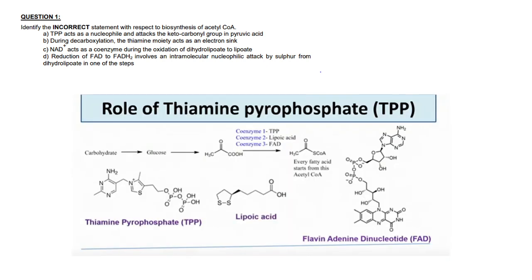Okay, let's see the biosynthesis of acetyl coenzyme A. From carbohydrate it gets converted to glucose, from glucose to pyruvic acid, and then coenzyme one, which is thiamine pyrophosphate, called TPP.